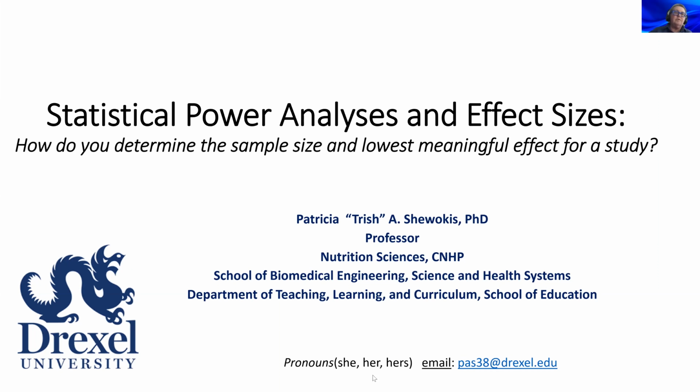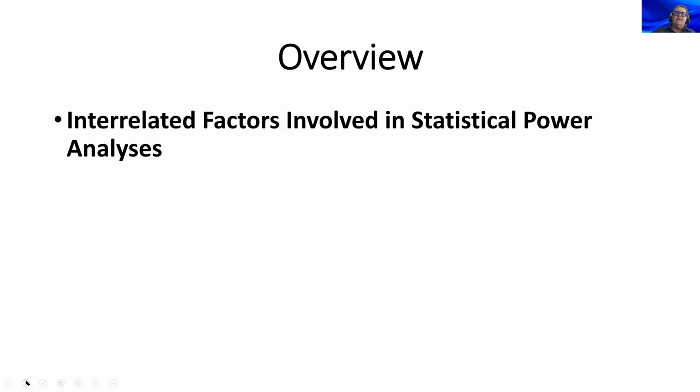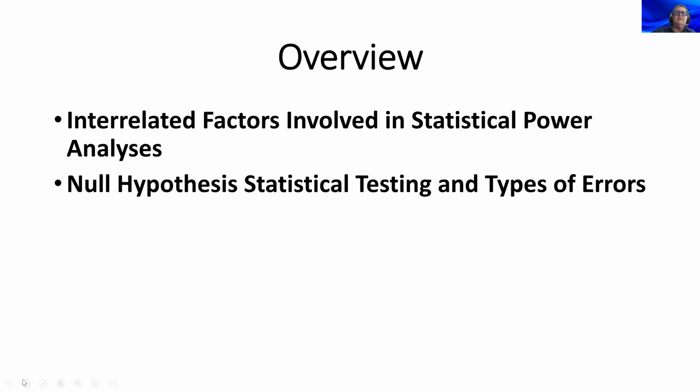And so we're going to look at a few different topics today to that end. There are 5 areas that we'll consider: interrelated factors that are involved in statistical power analysis, null hypothesis statistical testing, and types of errors. So we're not even going down the Bayesian route. It's just staying frequentist.